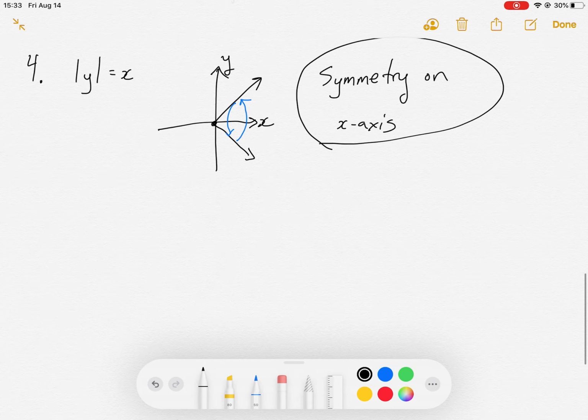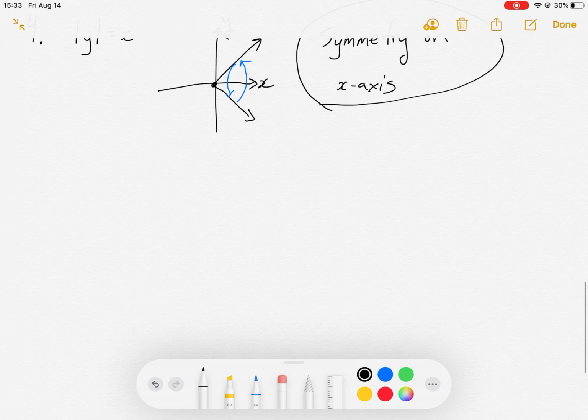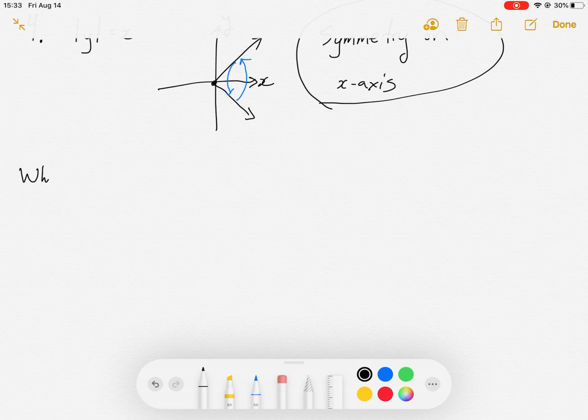Okay, now the next question is really, why are we doing this? So it's first of all good to just be able to have some words for graphs. So it's good to be able to describe graphs however you can.